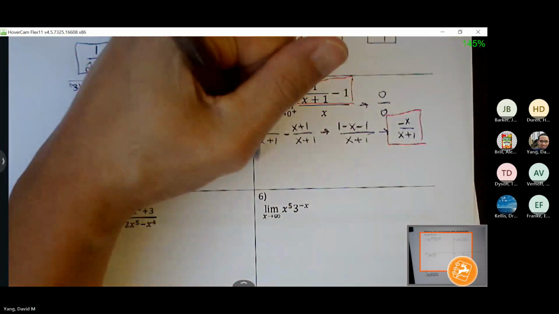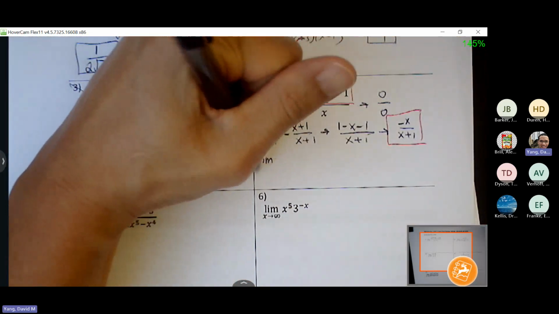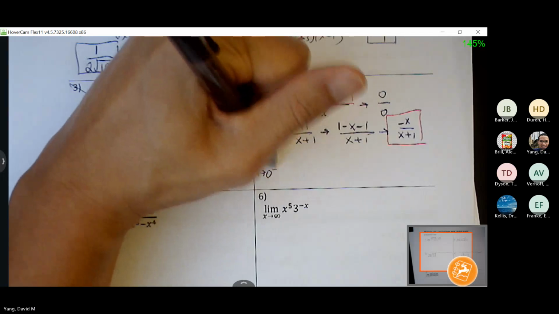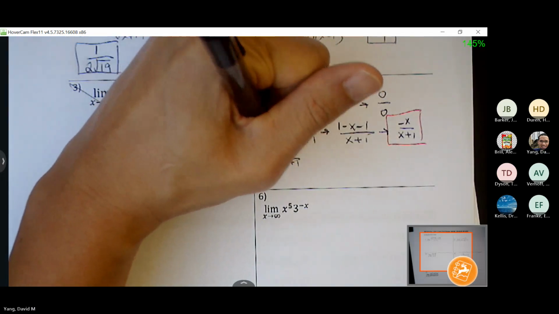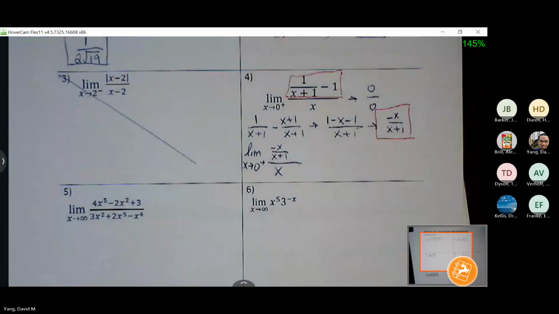Let's revisit our problem. Now that we have that upper portion as one fraction, we're making progress, but we still want to resolve the complex fraction.